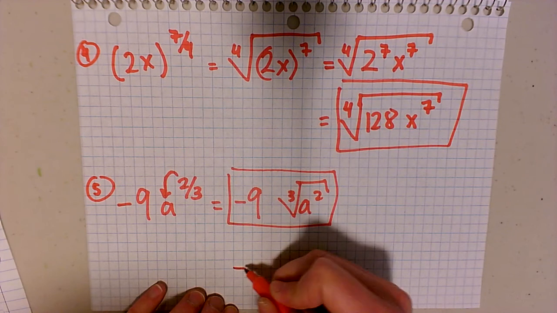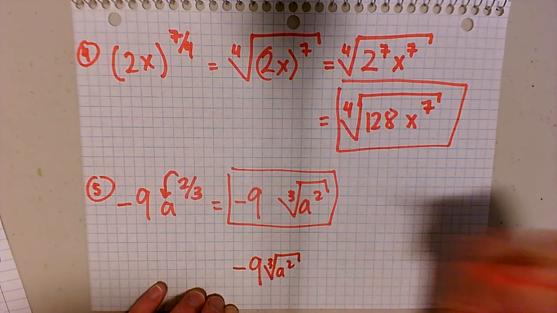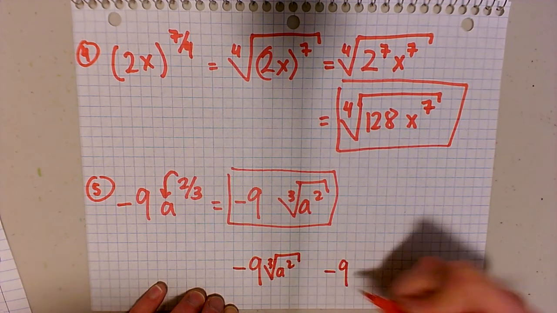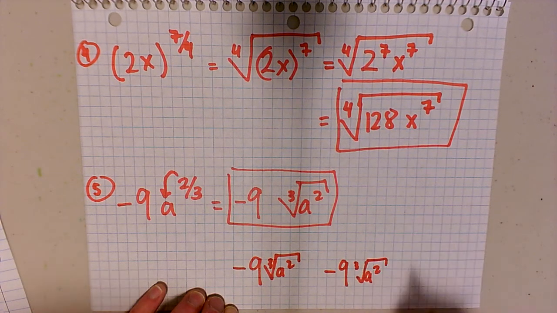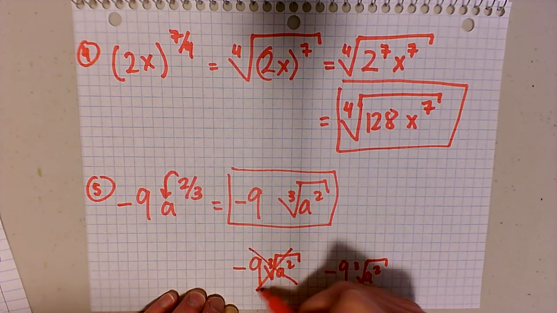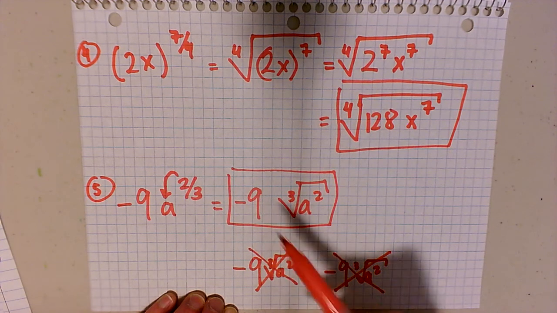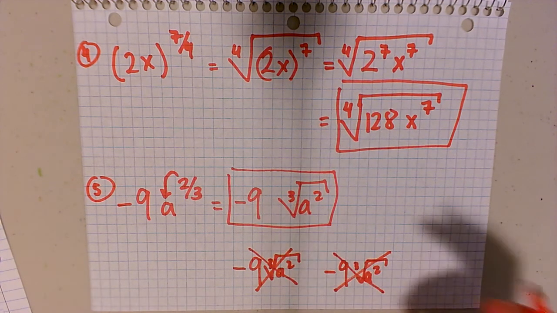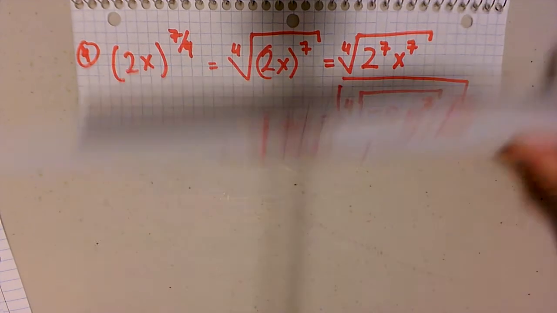If I had written this closer, or not used the fish hook, you can confuse your root here with being an exponent on the number on the outside. So you don't want to do that. Make it clear that your root is your root, and any exponents on the number on the outside are exponents. Okay? Alright, and then number 6.